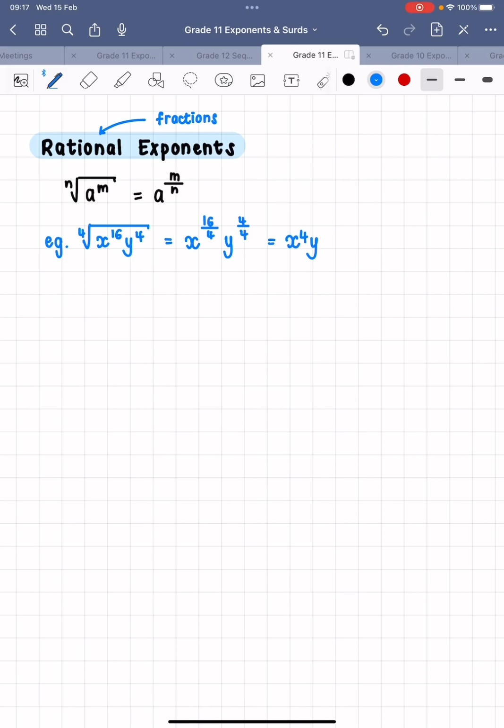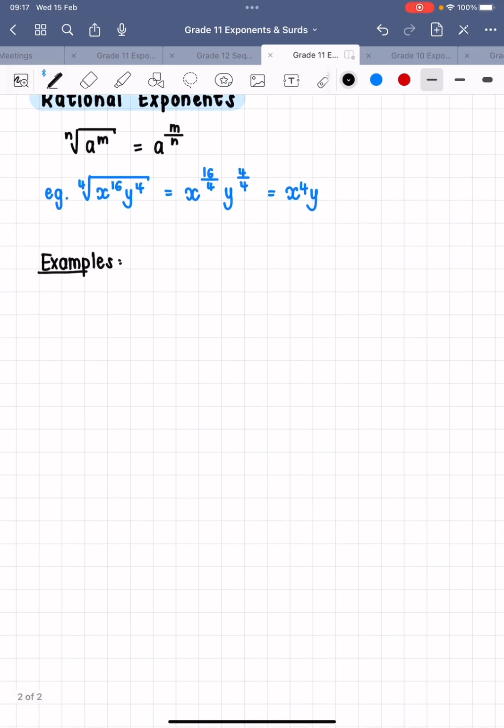Sometimes they will ask you to simplify numbers without the use of a calculator, and then you have to show all your working.